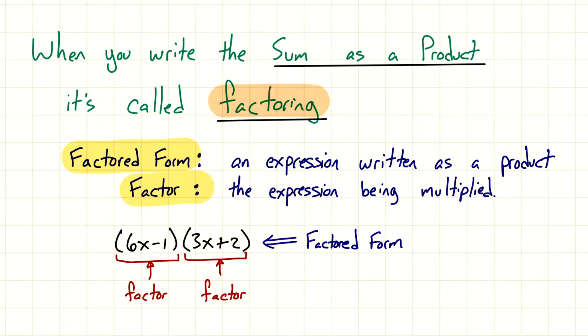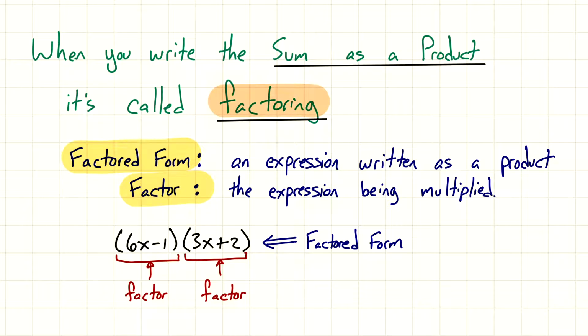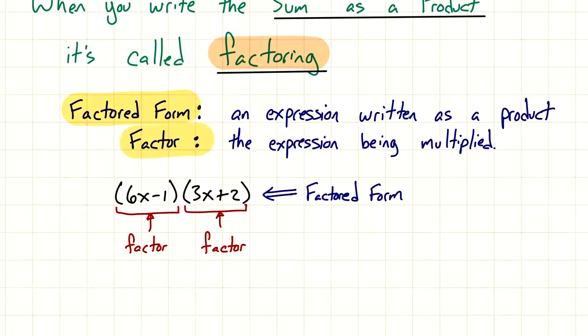I could use different letters, 6y times 4y minus 3. You'll notice, again, they're being multiplied. Each one is considered a factor. Everything in the parentheses is considered a factor. So that's some terminology you need to be familiar with.